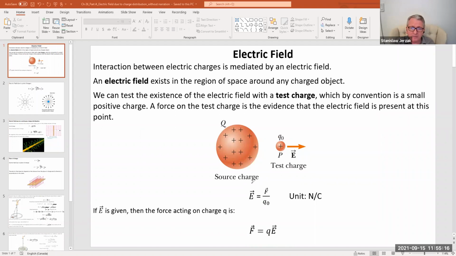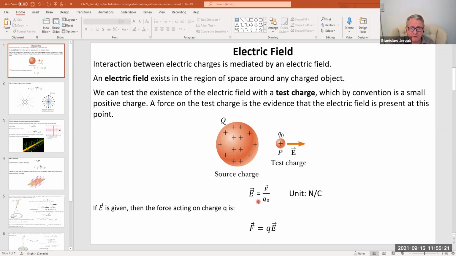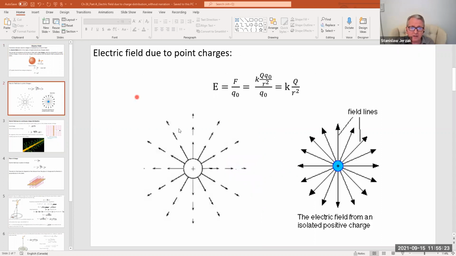And you see, if we use that definition, for that case, when we have certain charge Q, let's say this is capital Q, and if I want to find the electric field, let's say at this point, here I would put positive charge Q0, and then I would have to find what is the force acting on that Q0 at this point.